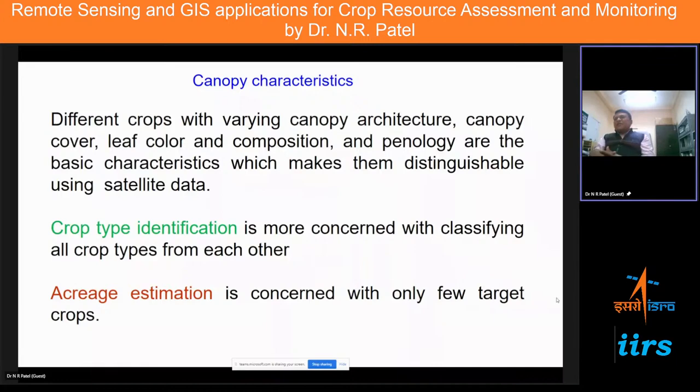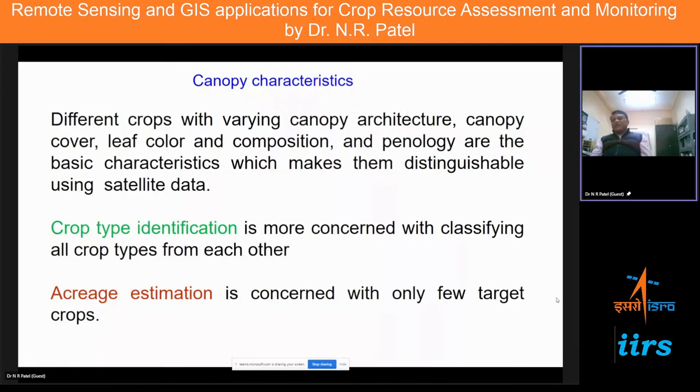So you will acquire the satellite image which is best suited for the wheat crop only. You will carry out ground truth when the wheat crop is at the maximum growth stage, and you will have a focused methodology and all other things ideally suited for the wheat crop. So you can improve the accuracy of wheat crop classification, and finally all other crops you can put as non-wheat crops. So acreage estimation is quite easy, but crop discrimination or crop type identification is a challenging task.